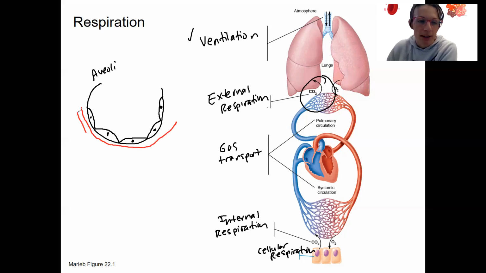The capillary is made out of what? Simple squamous epithelium. So this right here is one side of our capillary. I maybe did it a little thick there. The cells are the same size as my alveolar cells. This is the other wall, simple squamous epithelium.